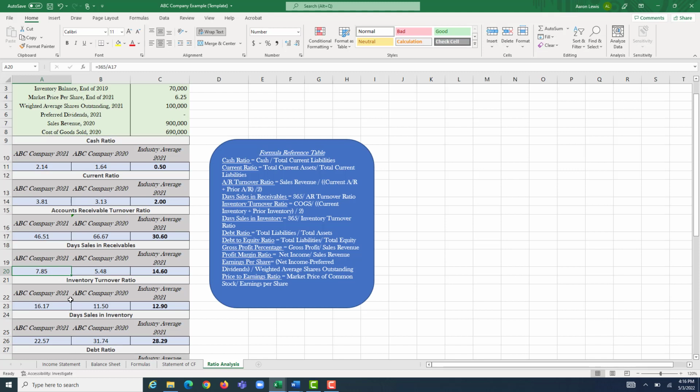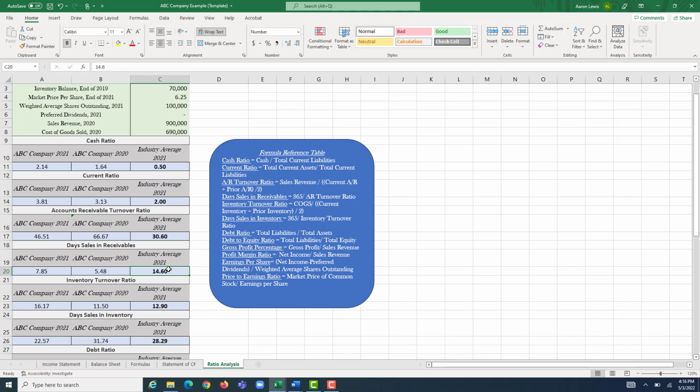If you add those two numbers together, you get a little over 30 days. So it's taking us about a month to turn a finished piece of inventory that we sell into actual cash in hand, which is well below the over 42 days, almost 43 days that it's taking our competitors to do so.